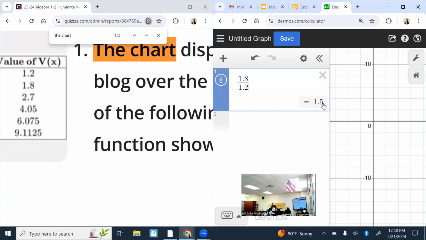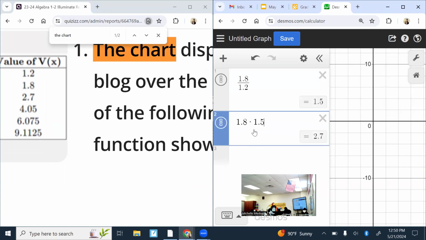That's what I'm multiplying by each time. See if it's consistent throughout. Like if I do 1.8 times 1.5, that gives me 2.7. If I do 2.7 times 1.5, that gives me 4.05. That is my common factor.